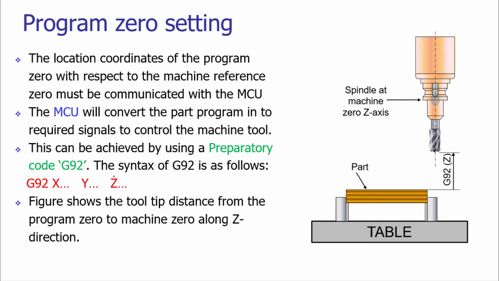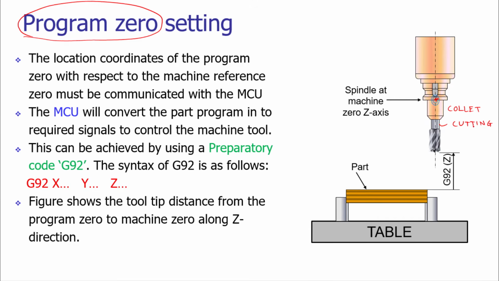Now, how to carry out the program 0 setting? So as I mentioned, each machine is having its own reference point. So this reference point is known to the machine tool, and in addition to this reference point, we are adding the cutting tool. The cutting tool is having the collet, or it is having its holding unit and the cutting tool.